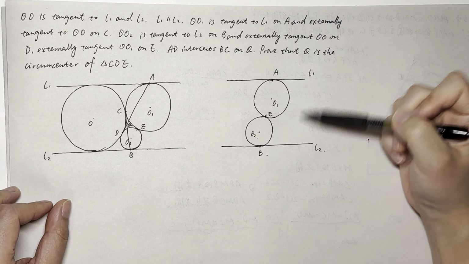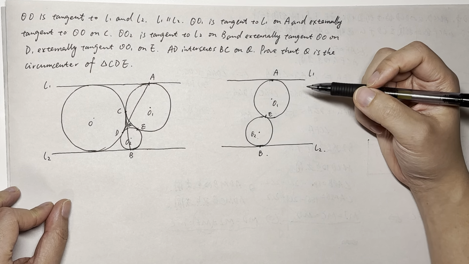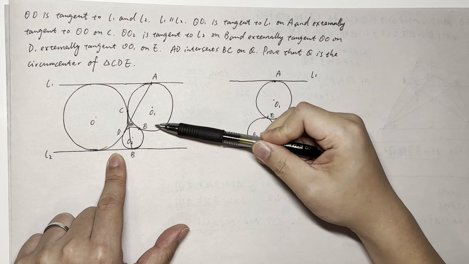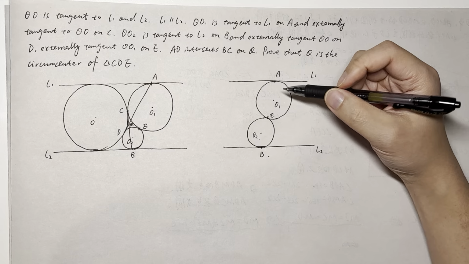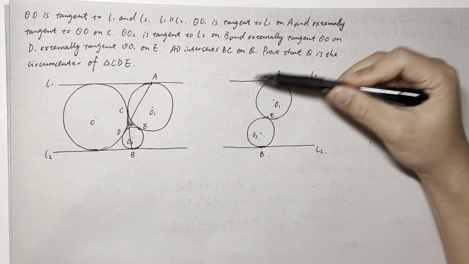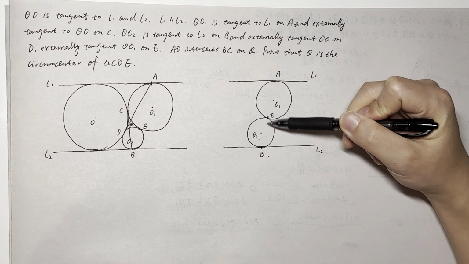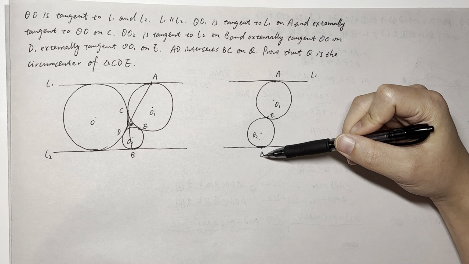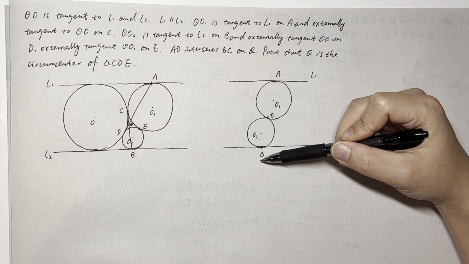Let's dig into this figure a little more before we deal with this problem. Just looking at the figure, you can have the feeling that A, E, B might be on the same line. These three points might be collinear.